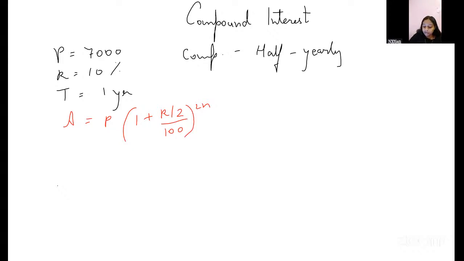Put the values: 7,000, 1 plus 10 by 2, which becomes 5 by 100, raised to the power 2n, meaning 2 into 1, that is 2. Now, let's solve this.